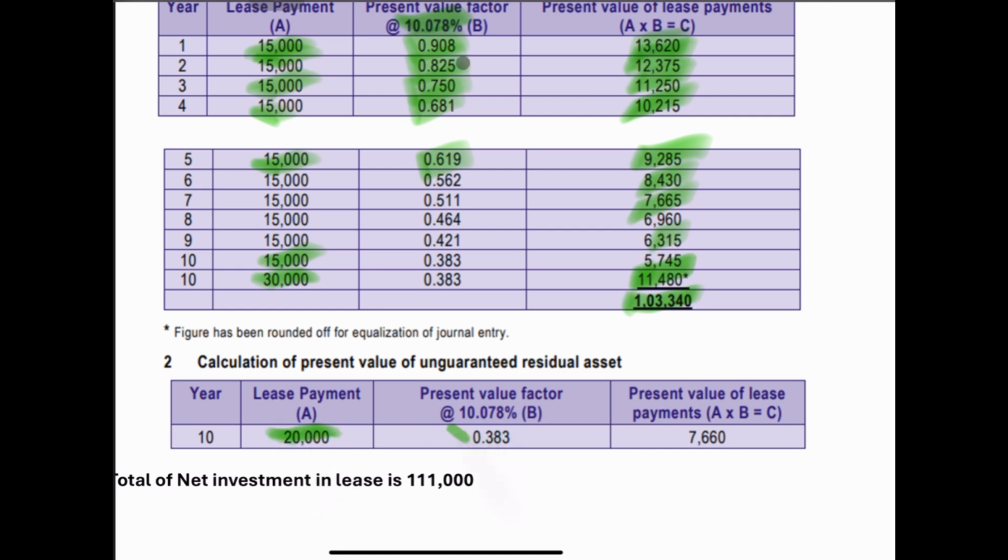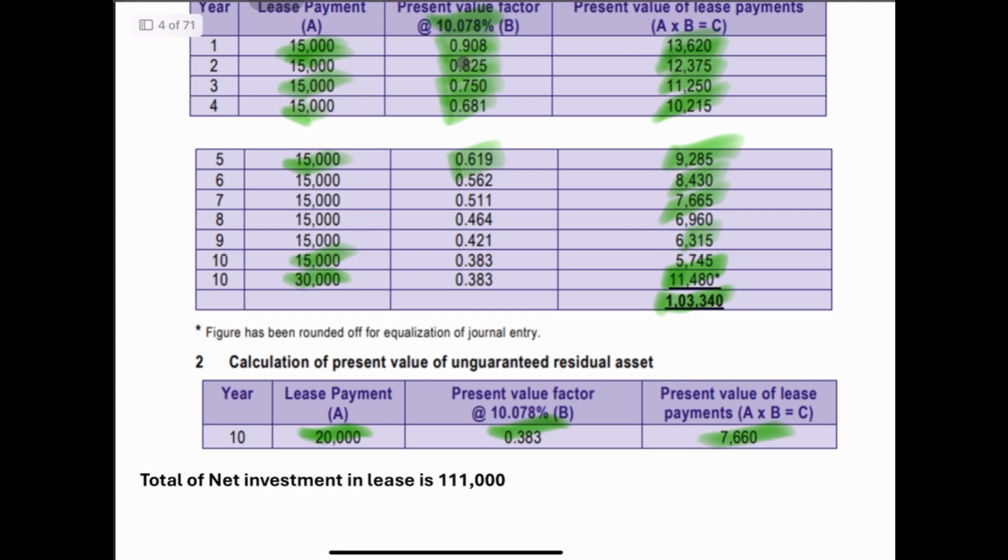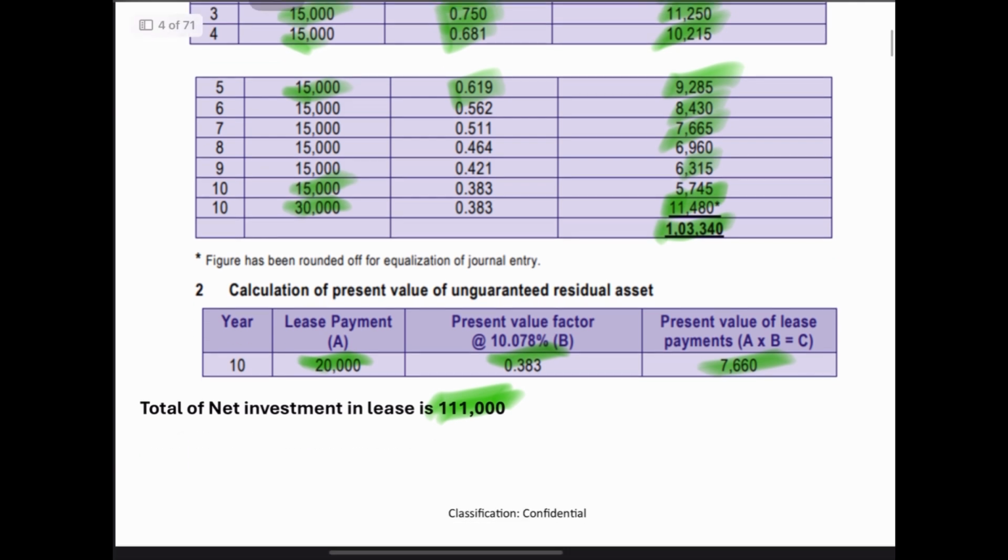Its present value at 0.383 is 7,660. So the total present value is 1,03,340 to be paid by the lessee to the lessor, plus 7,660 unguaranteed residual value. Together you have 1,11,000.